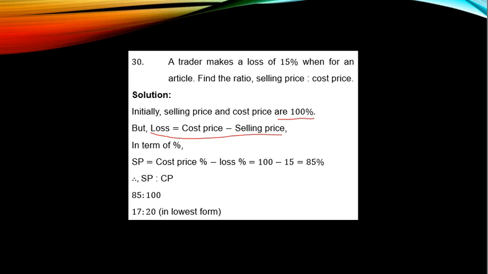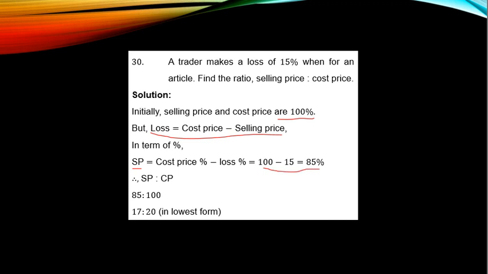So in terms of percentage, you take selling price to the left, it becomes positive. Then you take loss, everything will be cost price percentage minus loss percentage in terms of percent now, because the given value is 15%. So you have 100 minus 15, that is 85%.